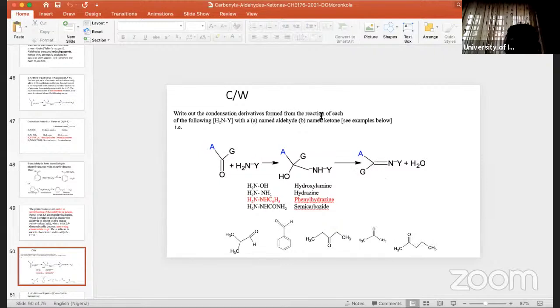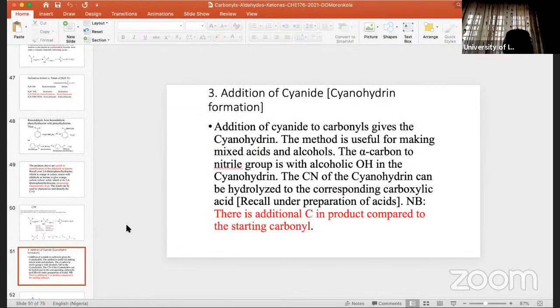So write out the condensation derivatives formed from each of them. I wish you can name these ones. It's quite straightforward. Like this one now is a 2-methylpropanal, and so on and so forth. I've given you the next one as benzaldehyde.